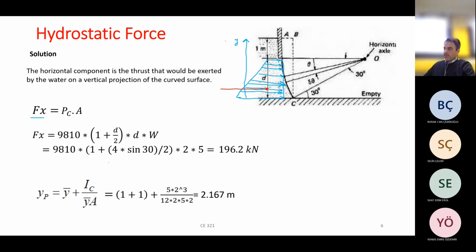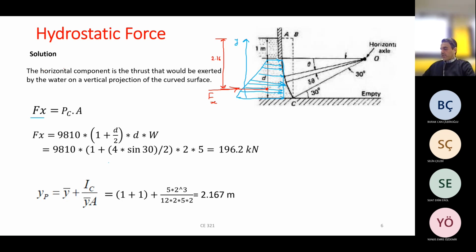Therefore, this distance from here to here is 2.60, and this will be the location of Fx.